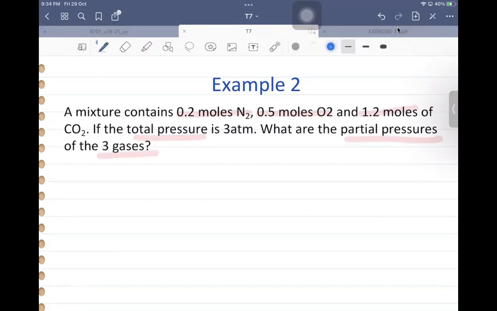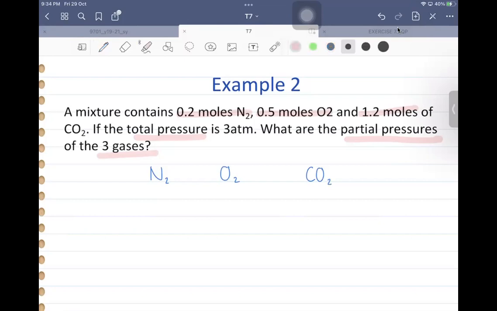So that means the partial pressure must be of each individual gas. So I should start with N2, O2, and CO2. To find the partial pressure, I need mole fraction times total pressure.